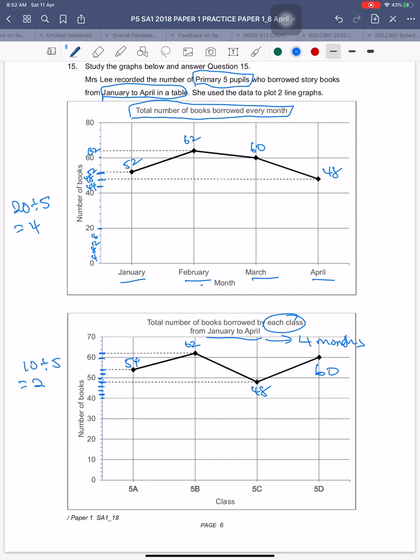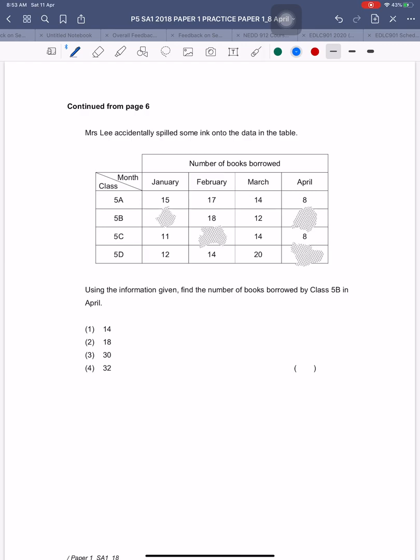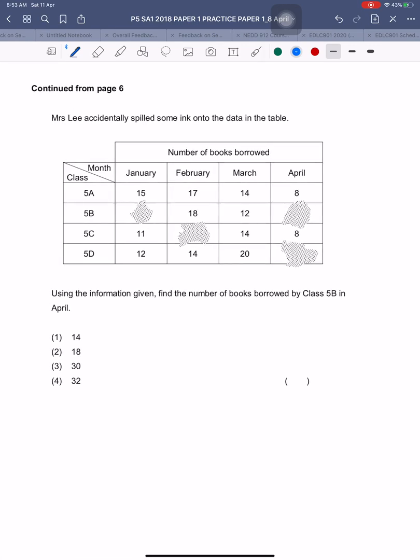Okay, so the marking for the two graphs is different, so you need to look very carefully. Alright, so once you have these figures, then you are good to actually look at the question now. The table actually shows the number of books borrowed by each of the classes. So a lot of information.